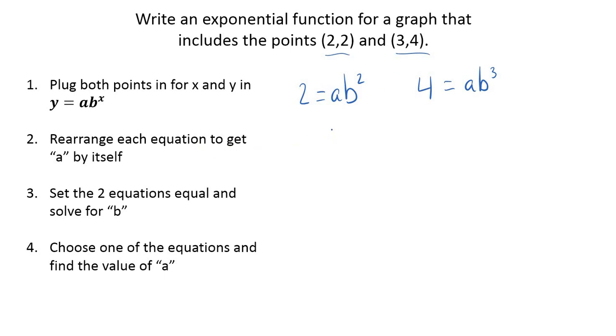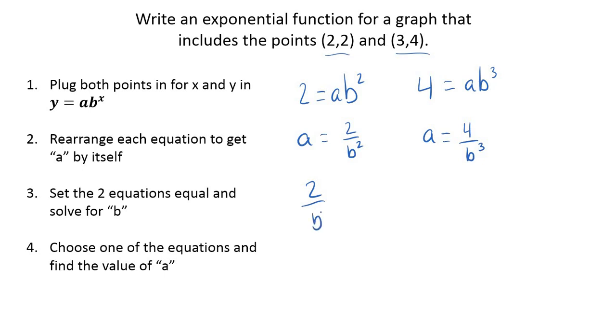Let's rearrange each and get a by itself. So in this one, if I divided b over, I would get a equals 2 over b squared. And this one, of course, a would equal 4 over b cubed. Now, because these are both a equals, we can set them equal and solve for b.